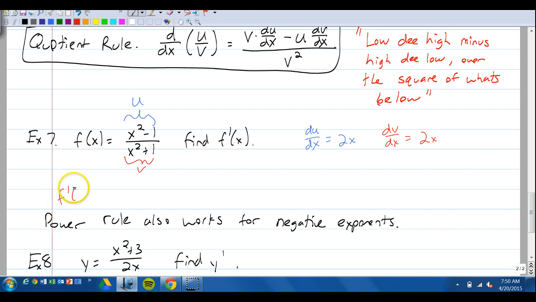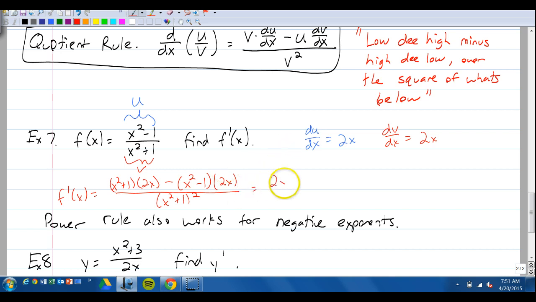So now I put it into my formula. So f prime of x is equal to low, which is x squared plus 1, d high, which is 2x, minus the high piece, which is x squared minus 1, times d low, which is 2x, over x squared plus 1 quantity squared. You can leave the bottom the way it is. Let's try to simplify the top a little bit.